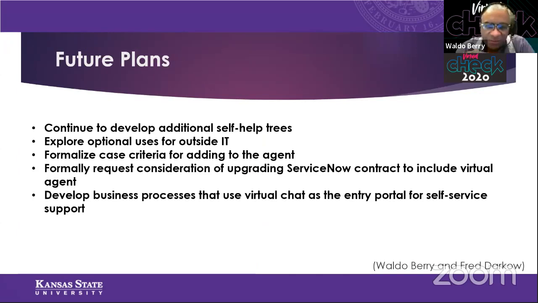Okay, to wrap things up, we'd like to briefly talk about our future plans for the system. We want to continue to develop additional self-help trees to expand the system as much as possible. One thing you may not have realized is that ServiceNow changed their support structure for contracting, so virtual agent doesn't come as part of the base structure for the agent, but it is part of your dev side server.